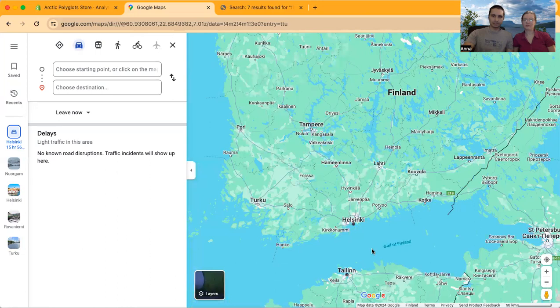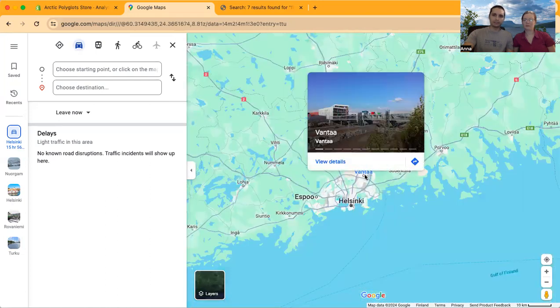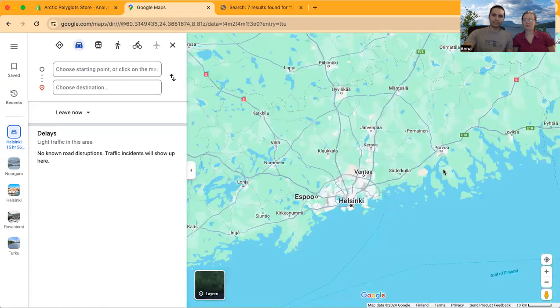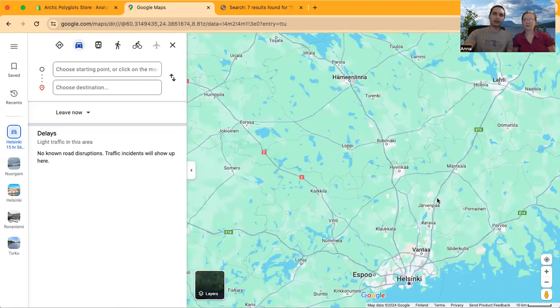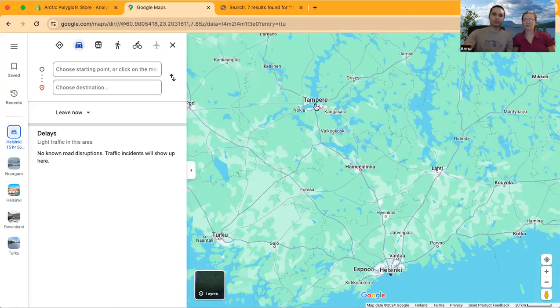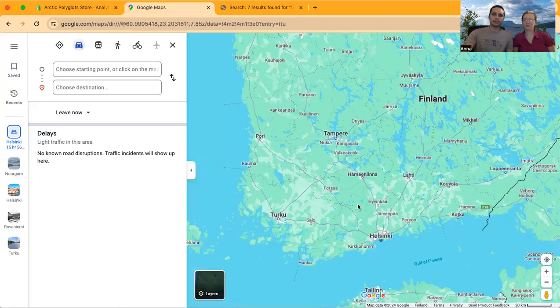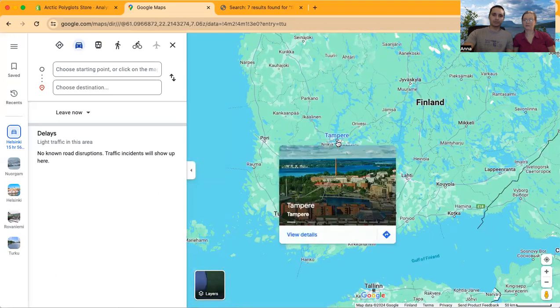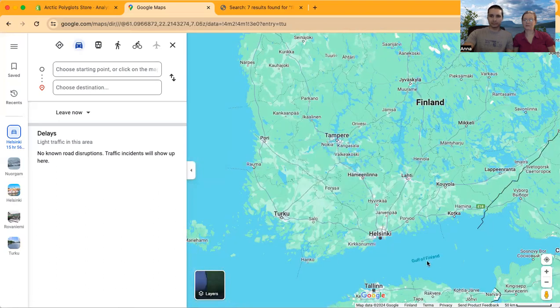That's where I've lived maybe 11 years. 10 years in Helsinki, 11 years in Vantaa. I was born in Tampere, which is here, until I was 2 years old, then we moved to Helsinki. Then I've mostly lived in Helsinki and Vantaa. 3 years I lived in Turku.